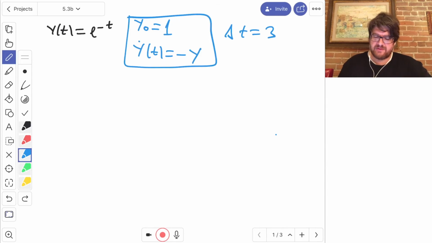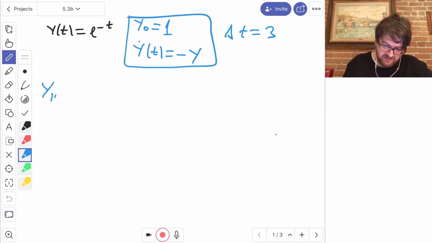Before I apply the explicit Euler method here, I want to do a generic step because I want to do some simplification, since the derivative doesn't include t. So if I do the explicit step, yk plus 1 equals yk plus delta t times f of yk, tk.